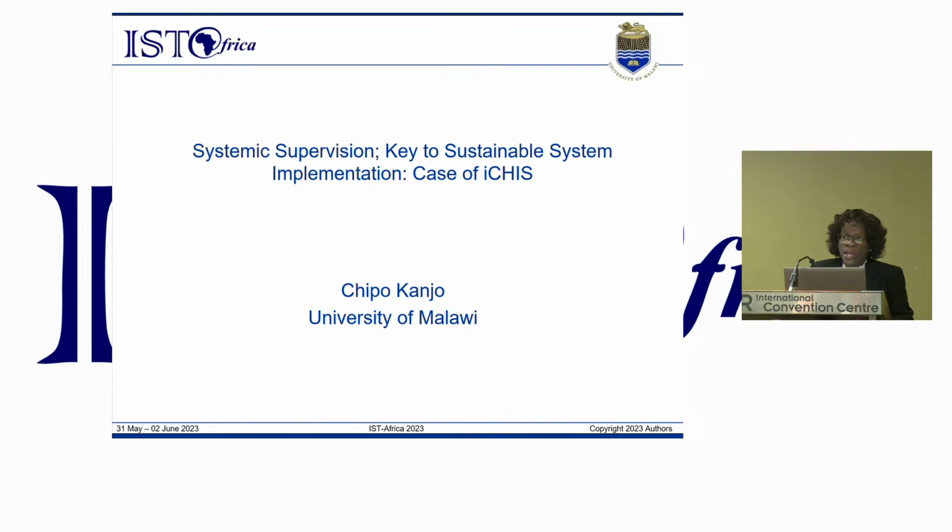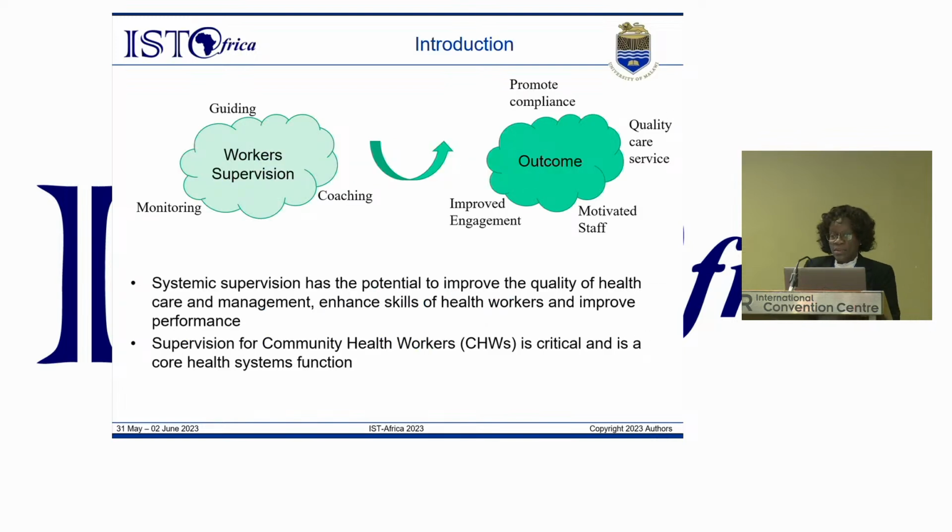And as a way of easing that challenge, the ministry came up with an idea of integrating all the functionalities. And this is the system we're developing. And we noted that having developed the system, supervision is quite critical as we went along.